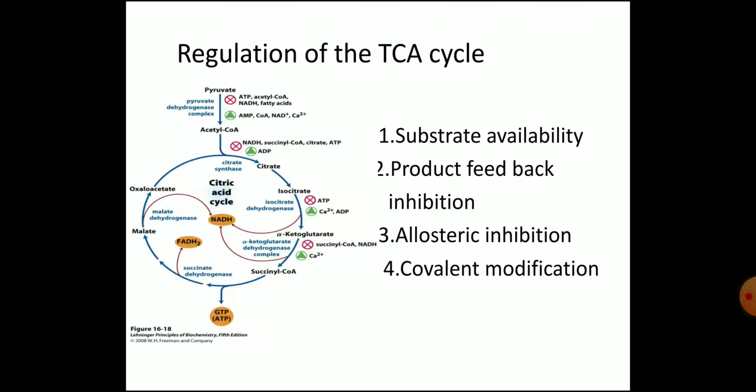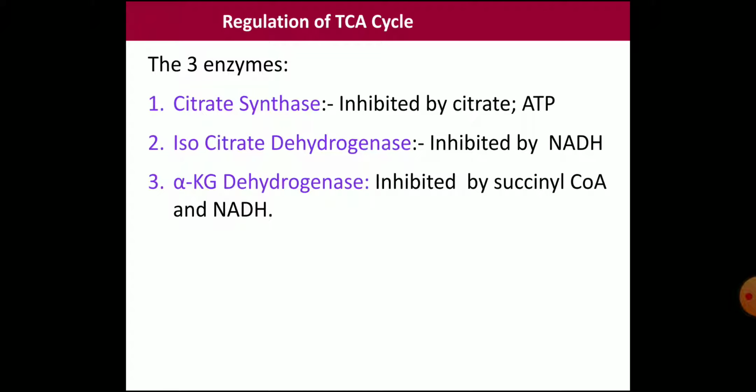Similarly, ATP is also the inhibitor for isocitrate dehydrogenase, and for alpha ketoglutarate dehydrogenase, succinyl coenzyme A and NADH are the inhibitors, and ADP is the activator. Okay. So regulation in detail.